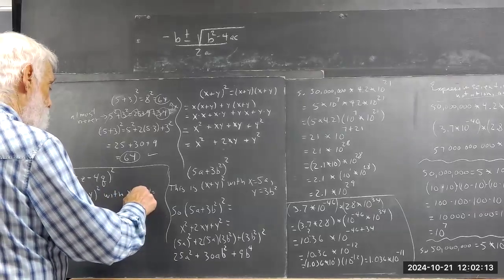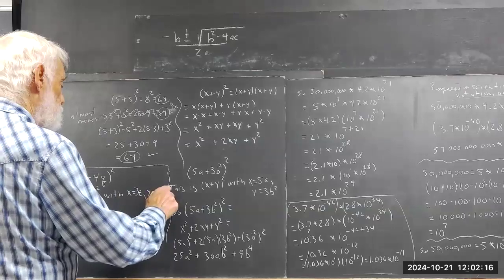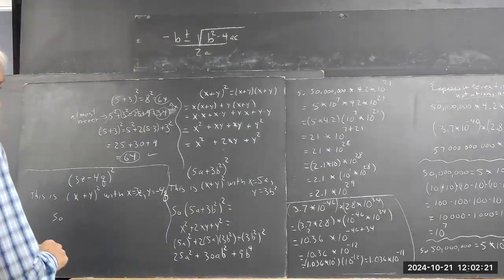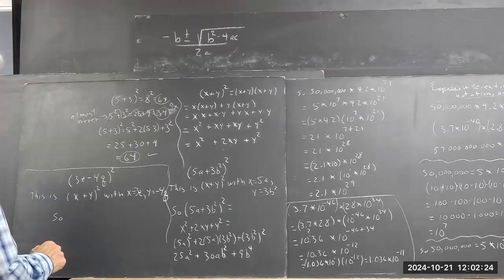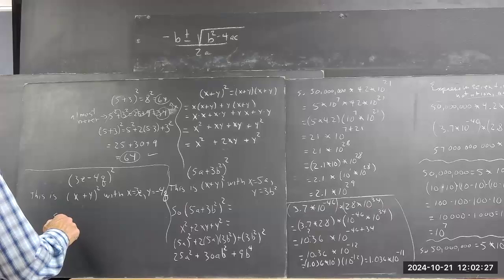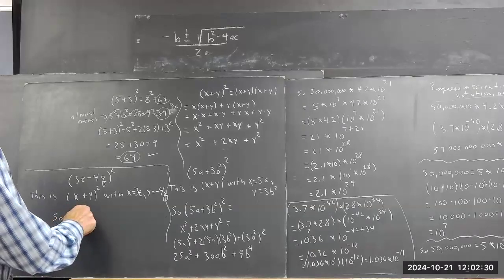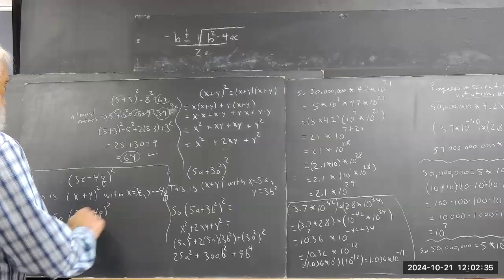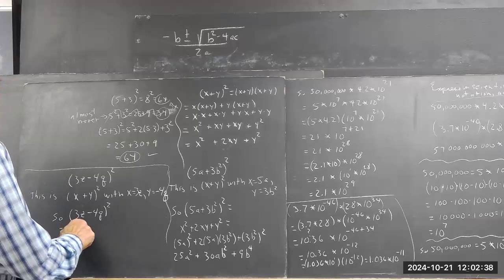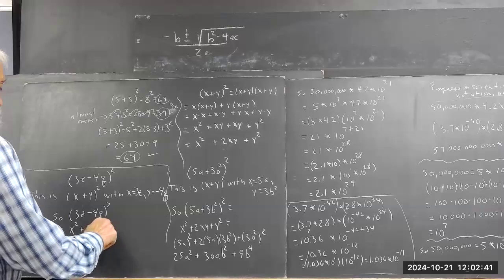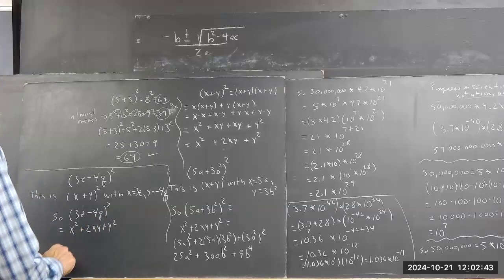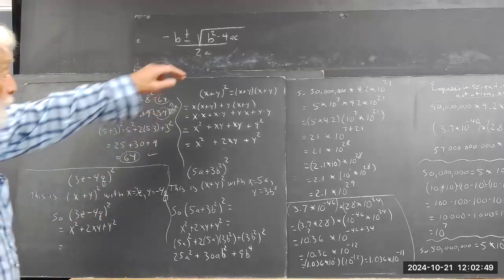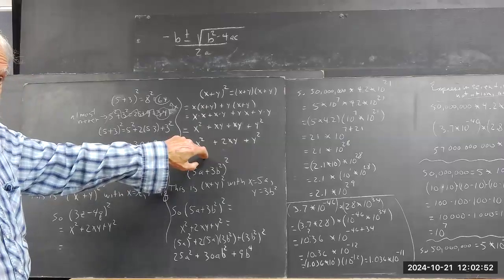Okay. Well, in any case, this is x plus y squared, as long as x equals 3z and y equals negative 4q. So this equals x squared plus 2xy plus y squared, because we've already done the distributive law up here.